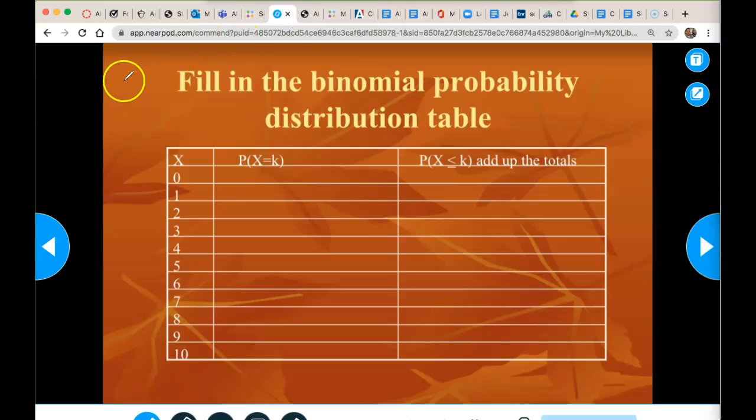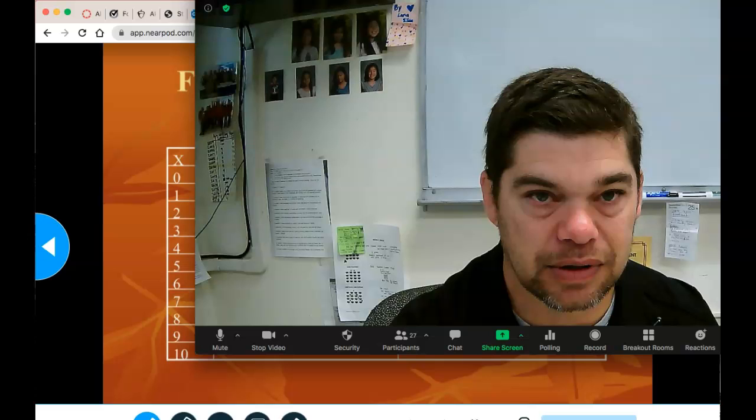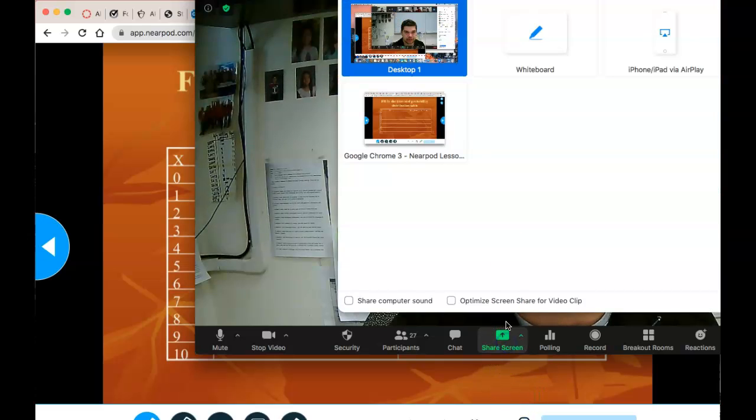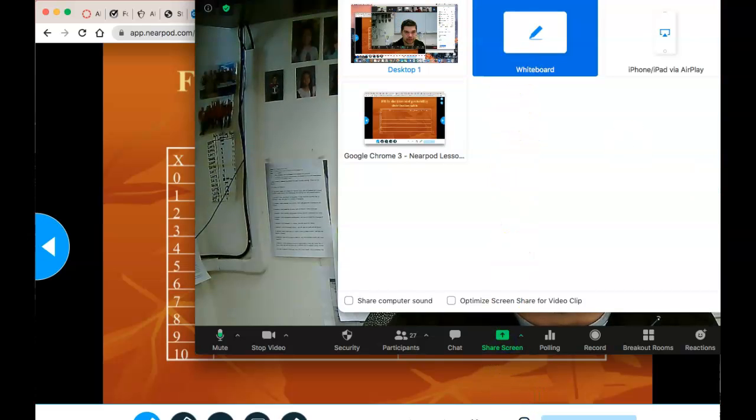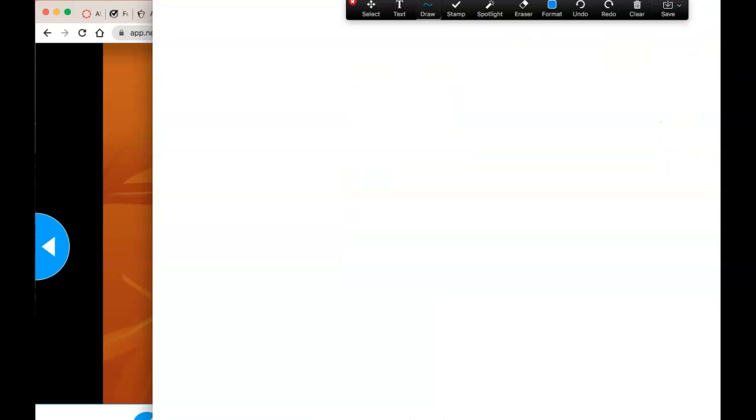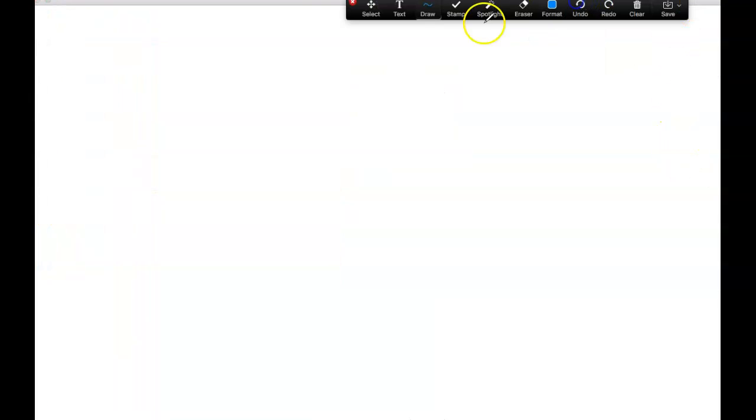In a tree diagram, I don't have room for my tree diagram. Let me do it over here. So it makes the tree branches for a tree diagram.